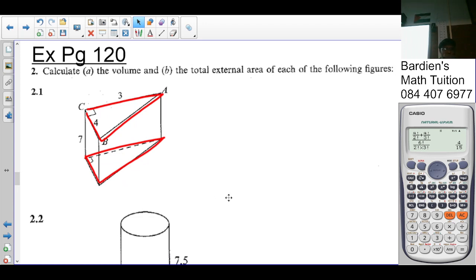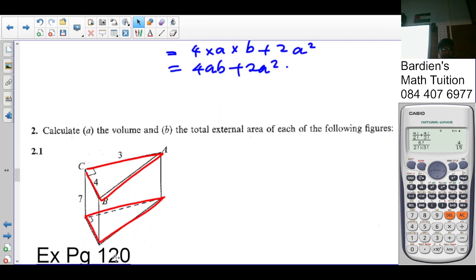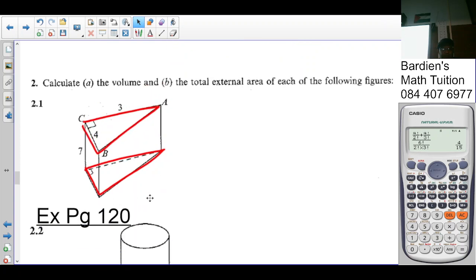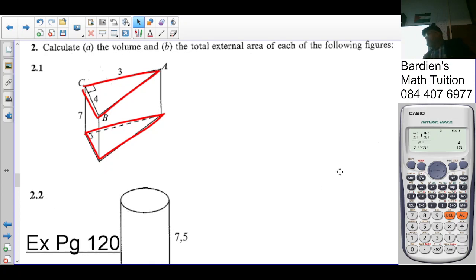The question says, in the exercise on page 120, number 2.1 says, calculate A, the volume, and B, the total external area of each of the following figures.